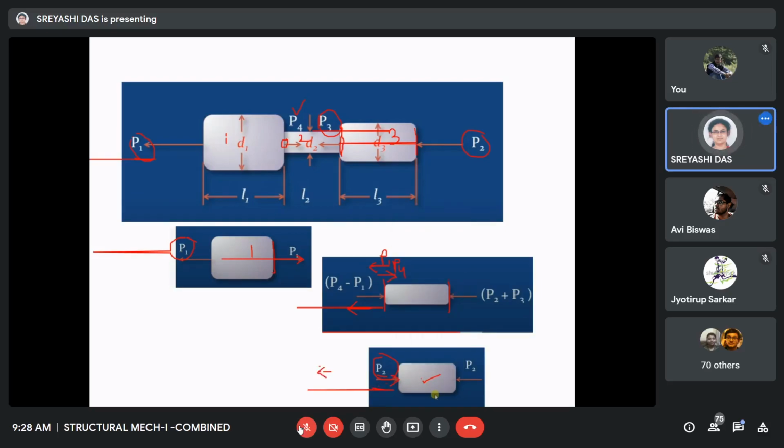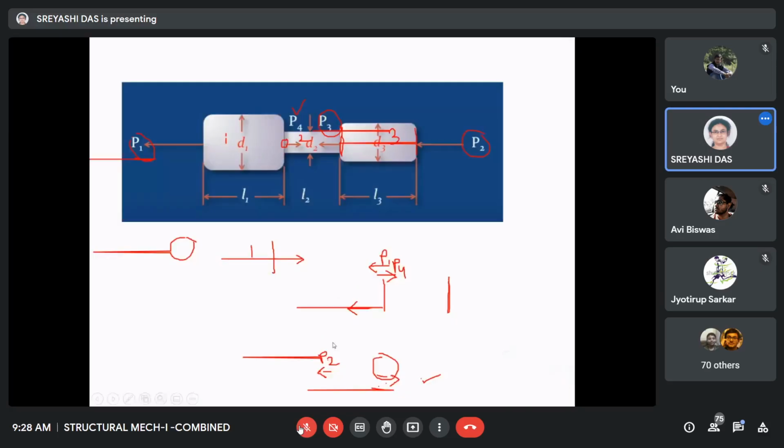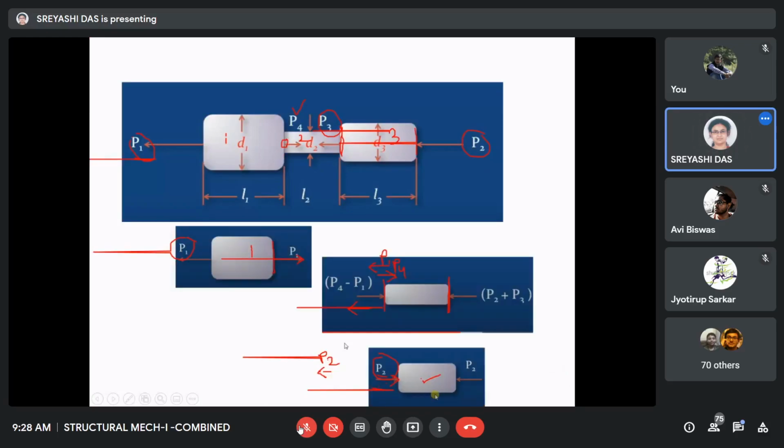So obviously a P2 load will come at this end in the left direction, and already a P3 load is acting in the left direction. So with P2, there is another load acting, P3, in the left direction.